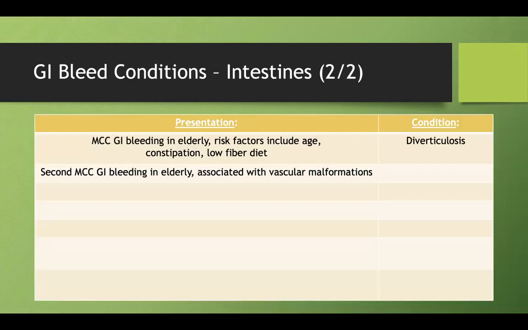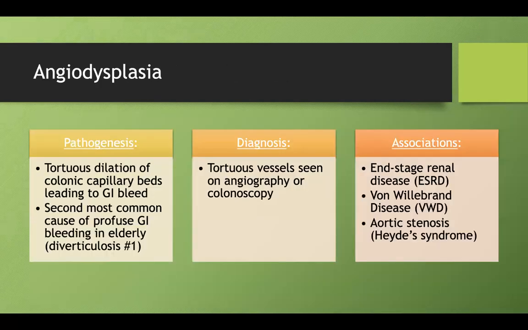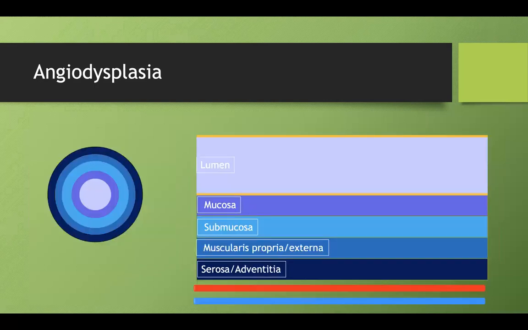What's the second most common cause of GI bleeding in the elderly? And it's associated with vascular malformations. So this is talking about angiodysplasia. And again, this is from the colon section. You can see GI bleeding here. What happens here is that you basically have your arterioles, and then you have your venule to form your capillary, and then you have a bunch of capillaries attached here.